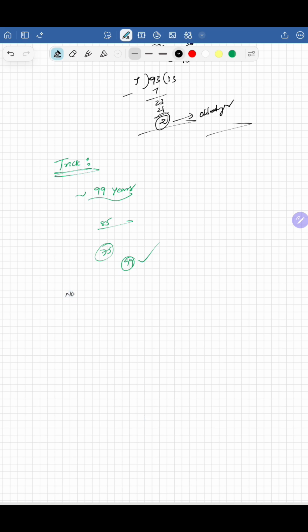Number of odd days in x years, suppose x is less than 99, then easily the answer is x plus x by 4. For suppose if they are asking for the number of odd days in 75 years, how can you do that? 75 plus 75 by 4.